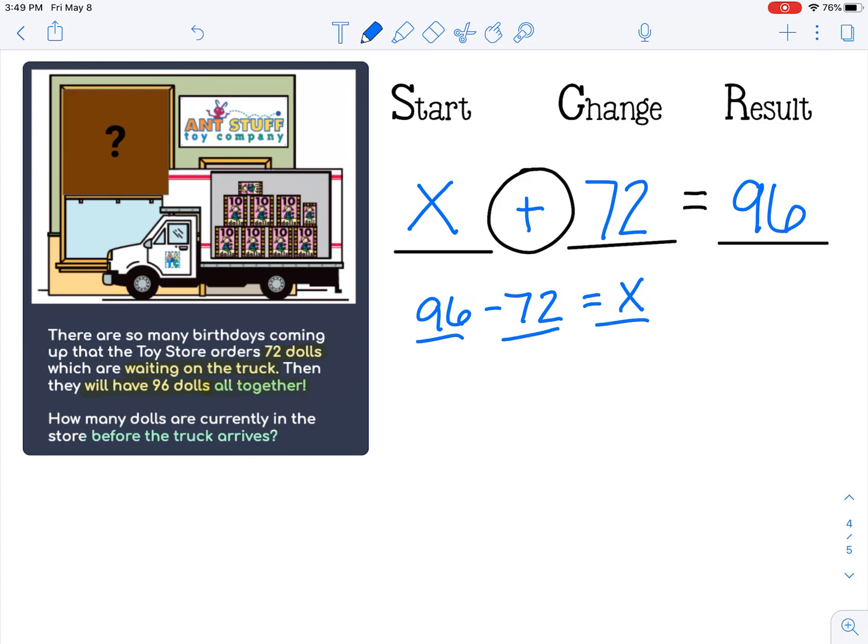This equation does not match the story problem because this story problem does not start with 96 dolls and then sell 72 dolls and then ask how many they have left over. If that was the story problem, then yes, that would match. But this equation right here that I just wrote does not actually match the problem. That is just a way that we can solve to get the answer for X.